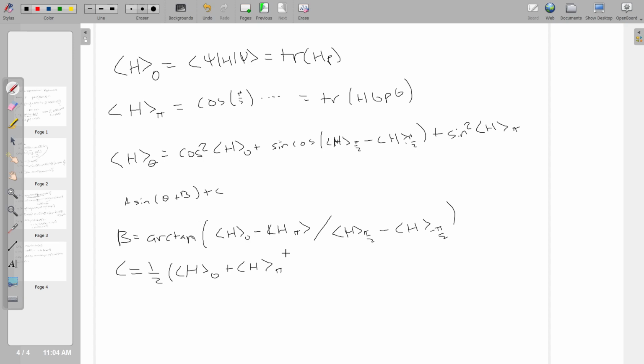This is just derived from that trig identity I said earlier, just a lot of algebra that doesn't really matter to do. And so we can see from this equation, okay, a is just a constant. In terms of parameters, where's the minimum going to be? So we want c to be as small as possible. We want a to be negative and as big as possible. But really, what matters is we want theta plus b. I should write this on a new slide.